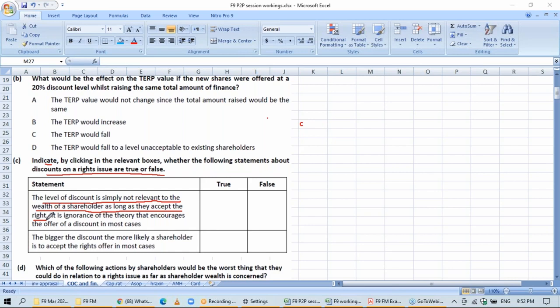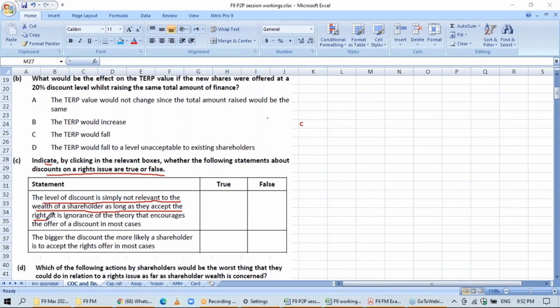But if he buys the 5th share, he will be paying just $18 for it, but getting a share worth 19.6. So the value lost in his existing holding is gained through buying the $18 rights share, where he gains 1.6.